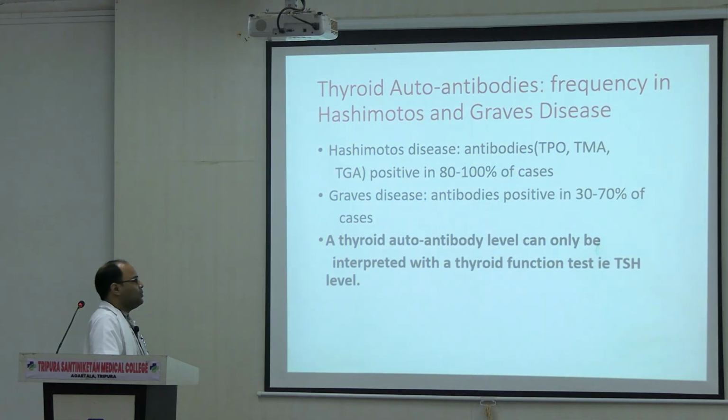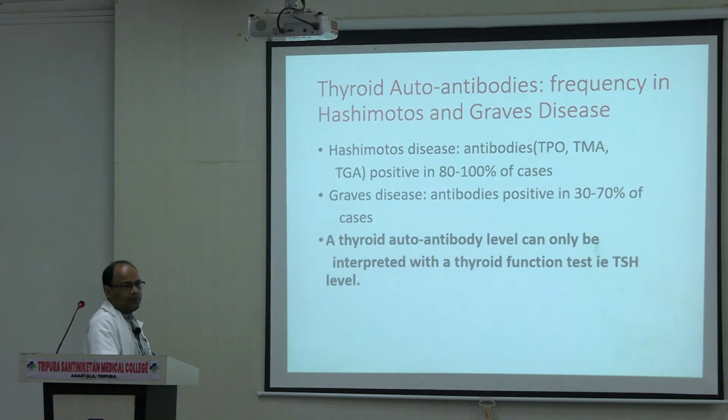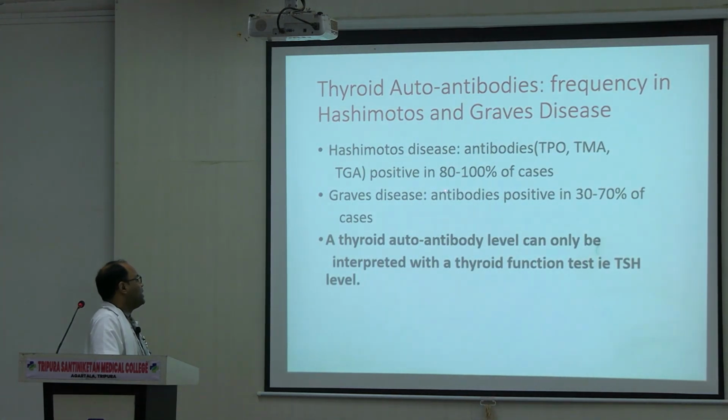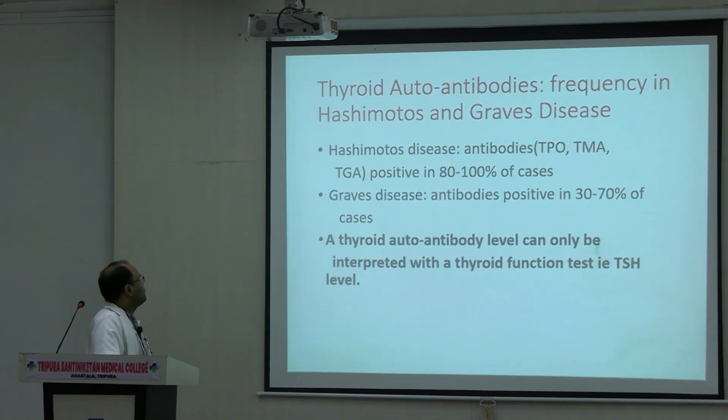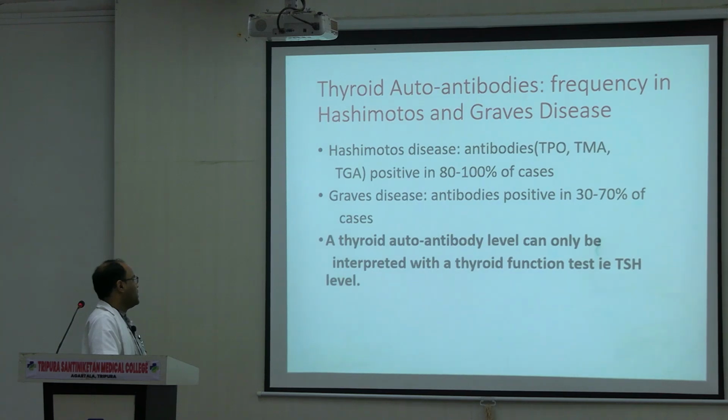We do this test regularly in our practice, and it is very high. In 80 to 100% of cases of Hashimoto thyroiditis, this autoantibody, anti-TPO antibody, is found very high. In Graves' disease, the antibody is positive in 30 to 70% of cases.